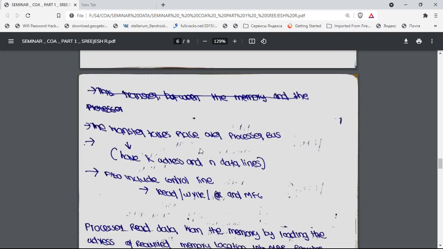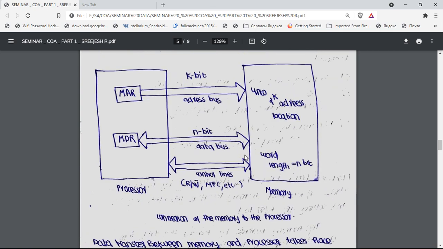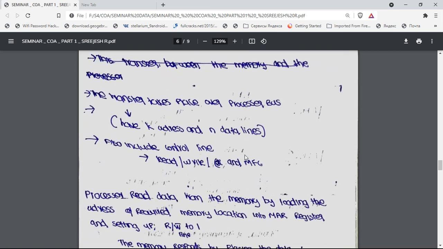The transfer takes place over the K address lines and the data lines, so we have to use both of those, and we also need to utilize the control lines.